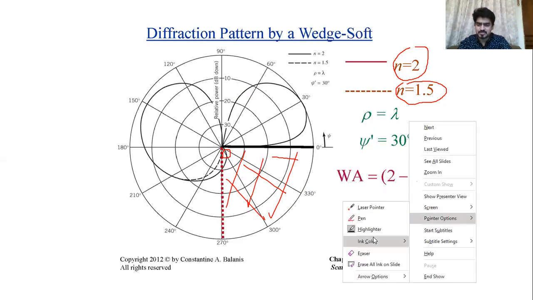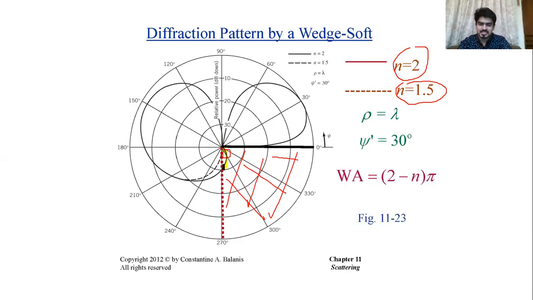Let me use some highlighter. Here you can see that you have some radiation even there. However, for the 90 degree wedge, that is n equals 1.5, denoted using this dash line, it doesn't have any field in the fourth quadrant. It just has field until the third quadrant.